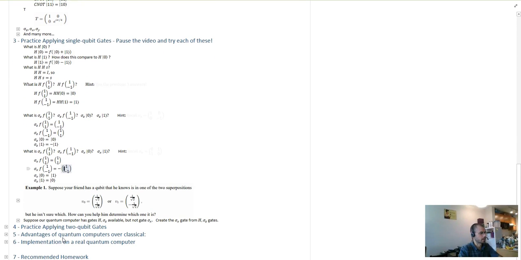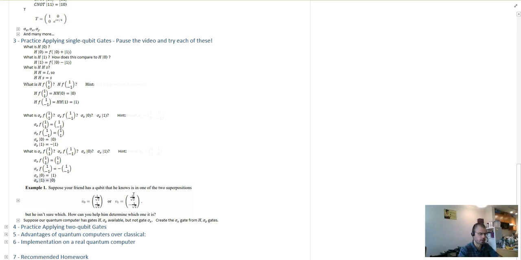All right, so now we've kind of covered a bunch of basics, and we're going to use this to figure out some stuff. So suppose that we know either we're in this state or in this state, right? But we're not sure which one of these, so we want to tell the difference between these. How could we figure this out?